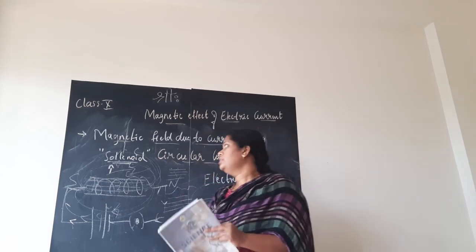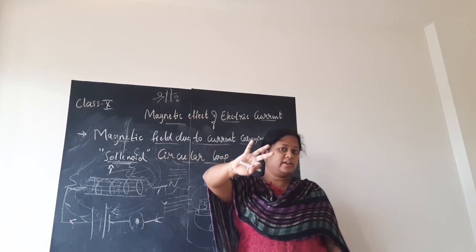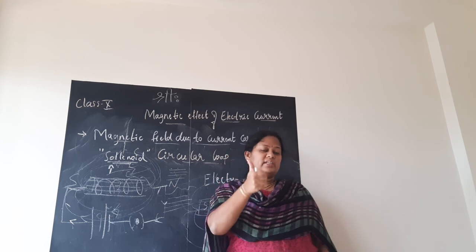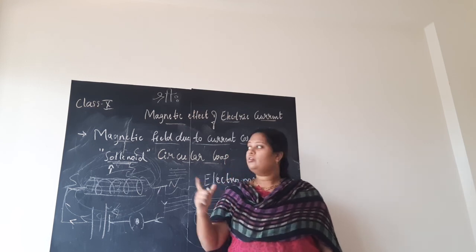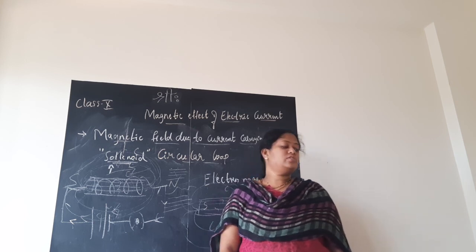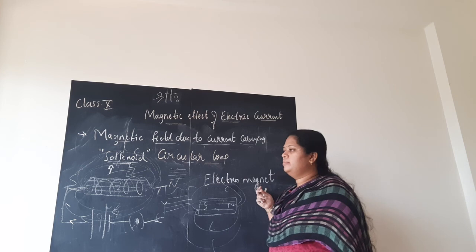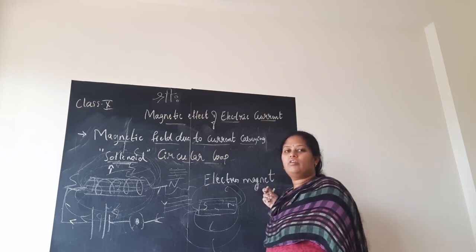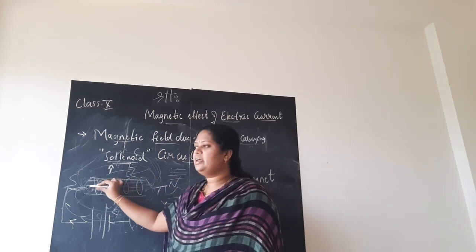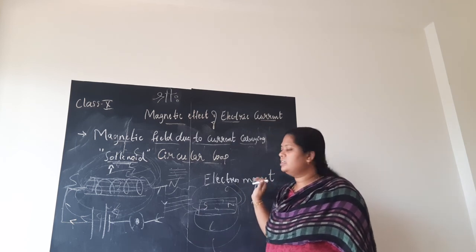Under this topic, magnetic field due to a current carrying conductor, we studied three types of conductors: the straight conductor, the circular loop, and the solenoid. Under the solenoid we also studied the concept of the electromagnet. A magnetic material like a soft iron core, when you push it inside the solenoid, gets magnetized, and when you take it away from the conductor it gets demagnetized.